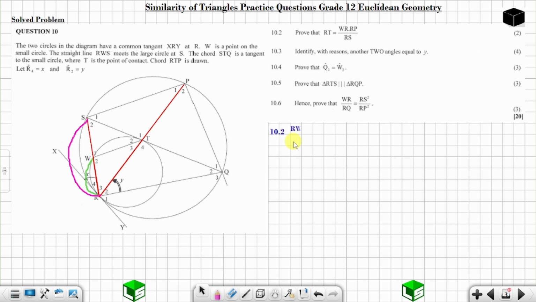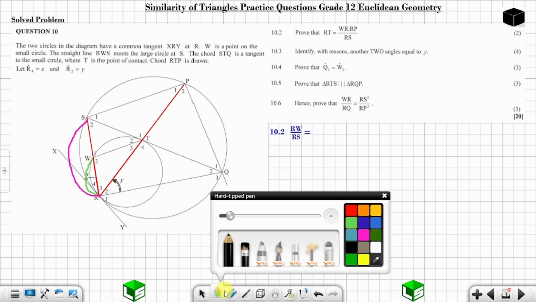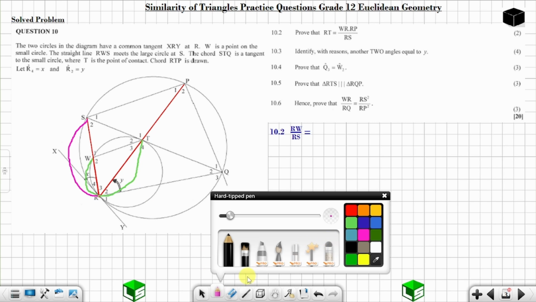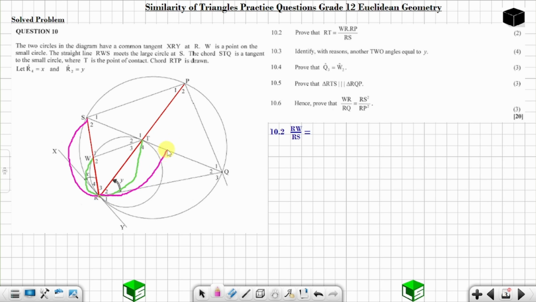So you have RW over RS equal to the small portion over the entire side, so RT over RP, this is equal to TW over PS.